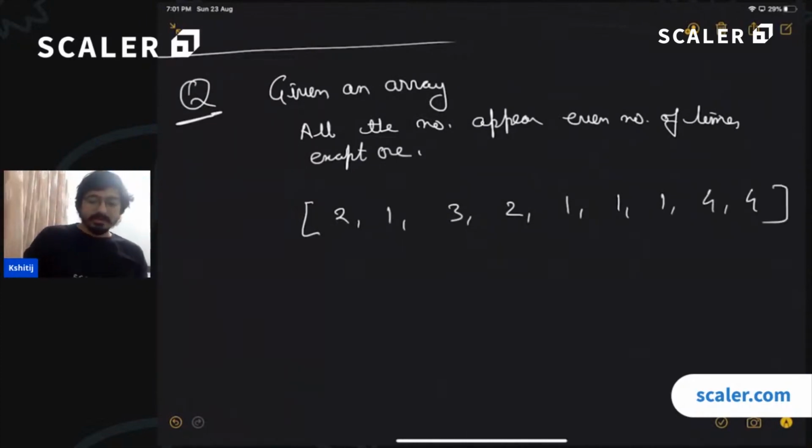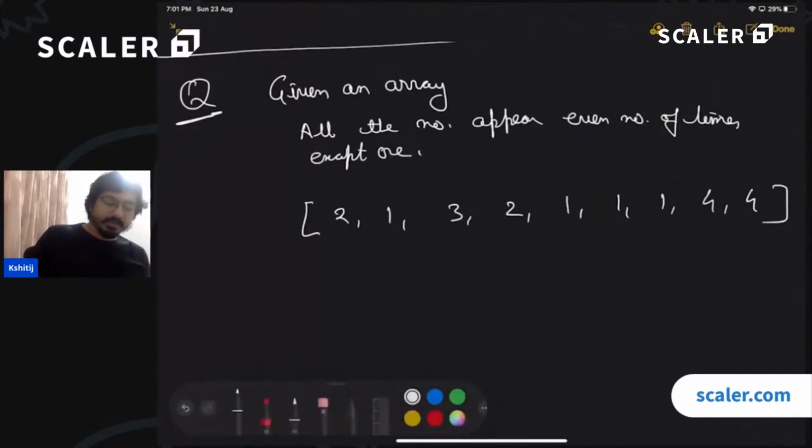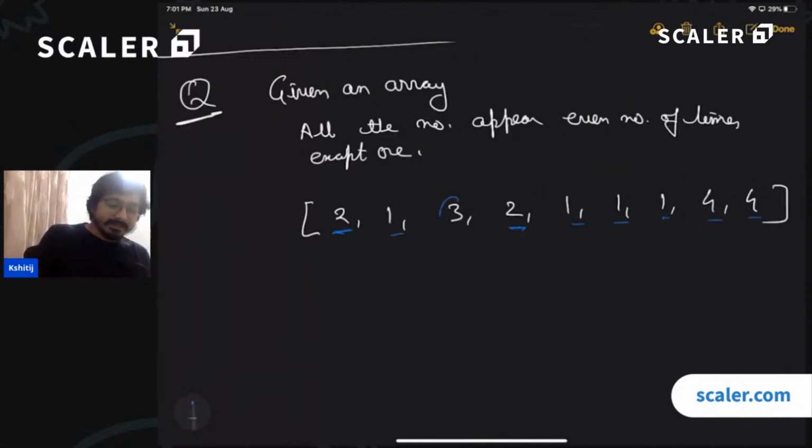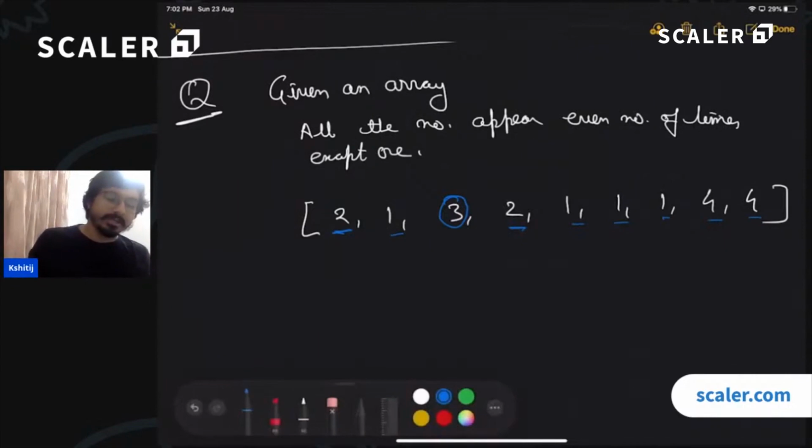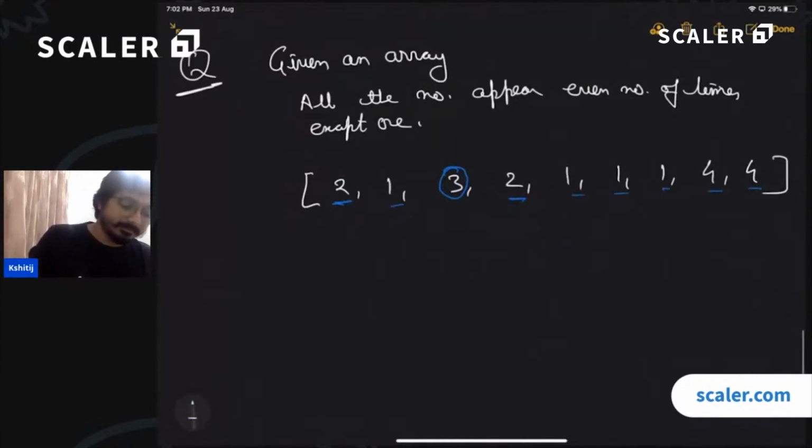Here 2 is occurring twice, 1 is occurring 4 times, 4 is occurring twice, but there is exactly one number, 3, which is occurring once. All the other numbers occur an even number of times. You have to return the number which is occurring an odd number of times.